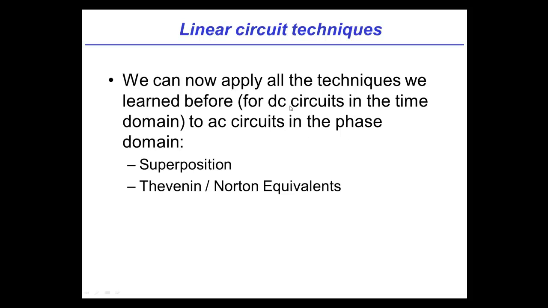So we can apply all the linear circuit analysis techniques that we learned before for DC to this case. We can do superposition, and we can do Thevenin's and Norton's.